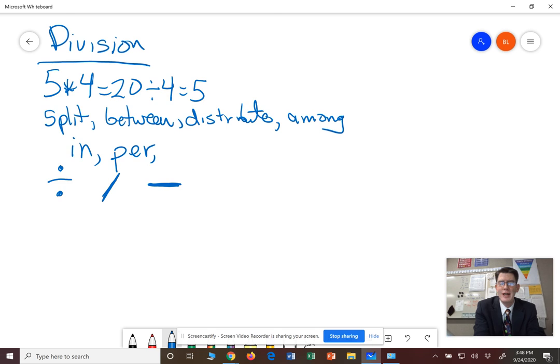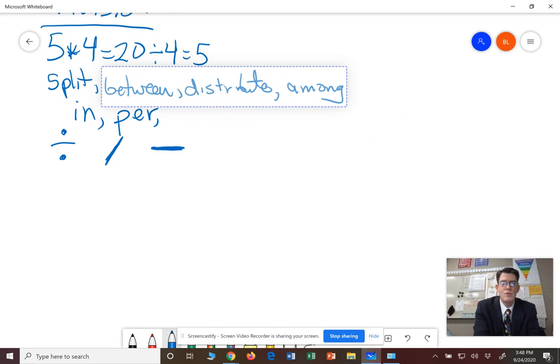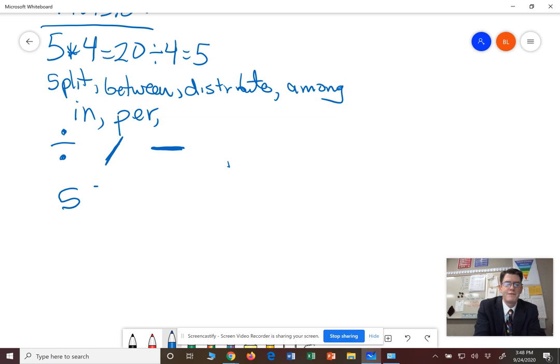Today, really, all that's going to be happening is dividing integers by integers. So, for example, 55 divided by 11. And the answer is going to turn out to be another integer. We're kind of taking it slow. We're taking it easy with this division assignment.